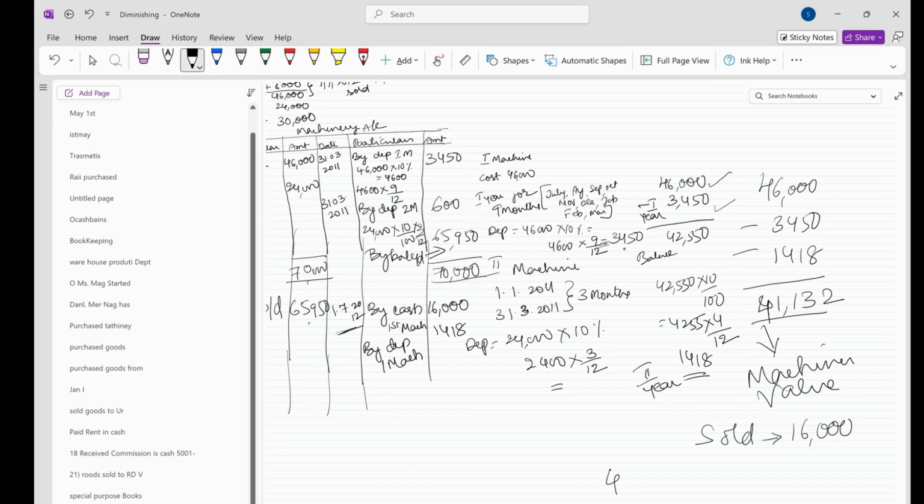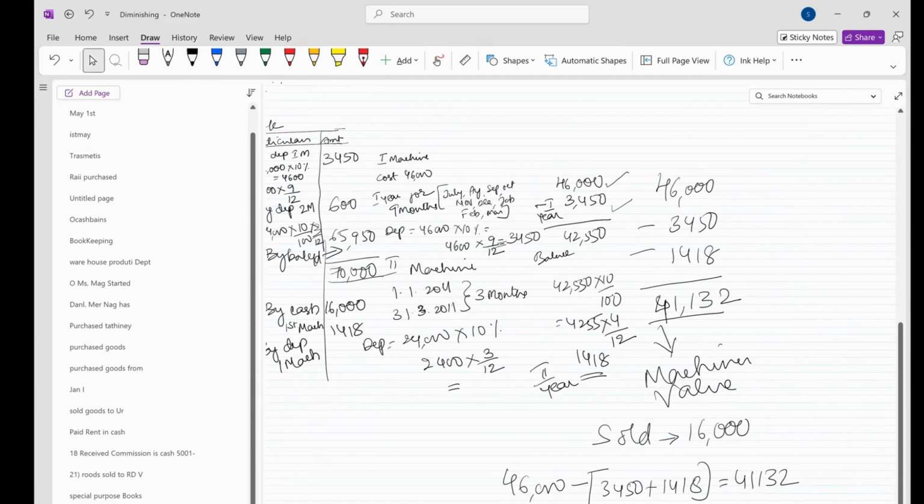So machinery 46,000 minus 2 years depreciation, 3,450 plus 1,418. If we deduct, value is 41,132. So 41,132 worth machinery, you sold it for 16,000. So loss is 25,132.